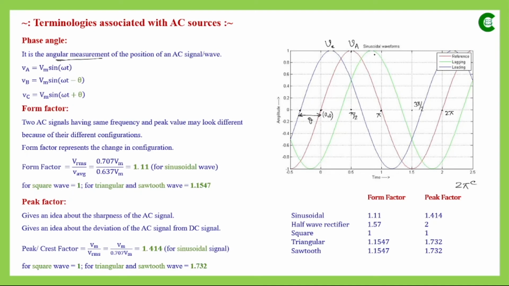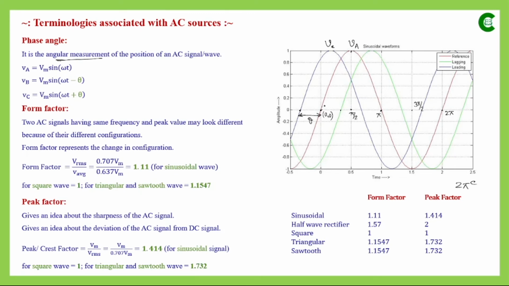Now we have another signal which is represented in green, and we see here that this signal is starting after the red signal. So phase wise we can say that it has a lagging phase. Since this green signal is starting after the red signal, it is a delayed signal. Delayed signal means phase wise it will have a lagging phase.